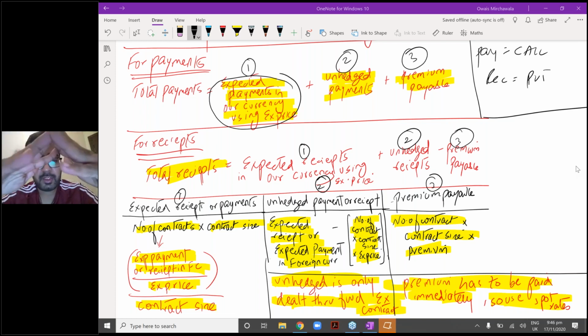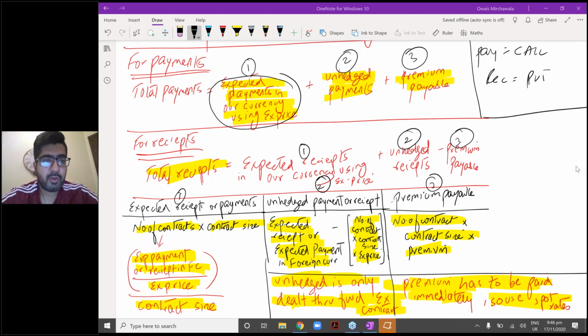First, highlight the relevant rate. If you have to pay after 2 months, highlight the 2-month rate, then understand the quote, and multiply or divide by the buying or selling rate, because payment, buying rate; receipt, selling rate. In futures, 3 steps: lock in the average rate, expected receipts or payments using the lock-in rate, and number of contracts. In options, if paying, call option, buying contract; receipt, put option, selling contract.